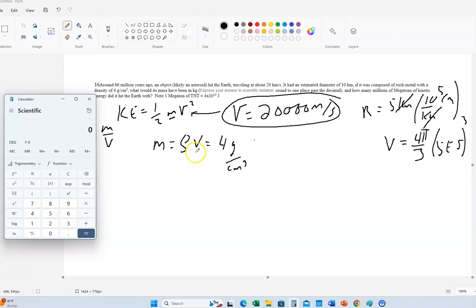So it's going to be 5 times 10 to the 5th, raised to the 3rd, and then times 4 pi divided by 3, equals.